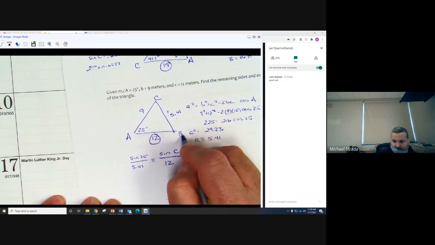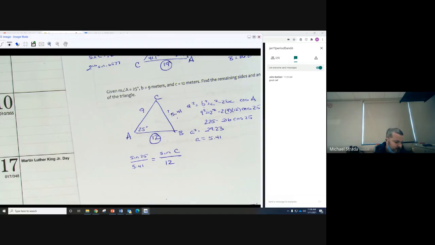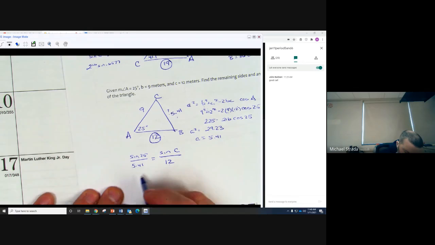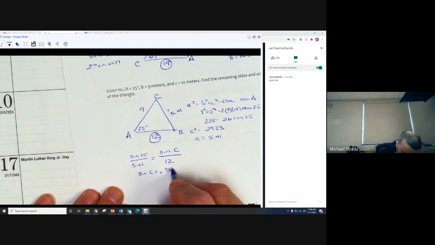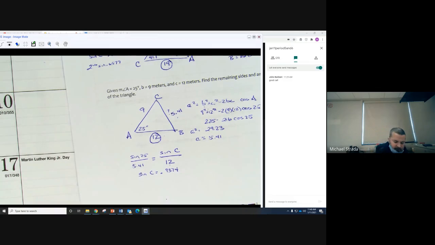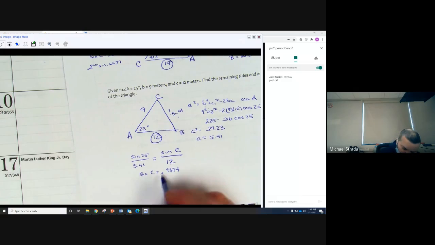That's the C and that's the B. I'm going to do 12 sine 25, divide that by 5.41. Sine C equals 0.9374. Now I'm going to do second sine of 0.9374, and I get 69.6 degrees. And if you remember from last week, 110.4 degrees.